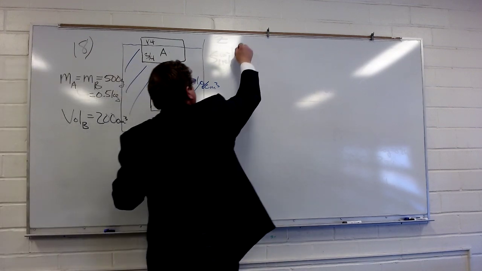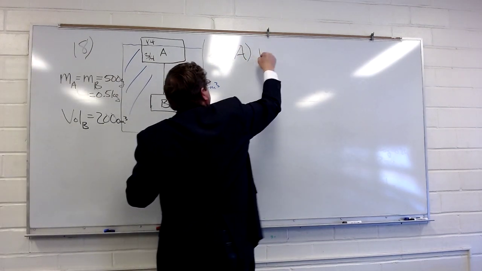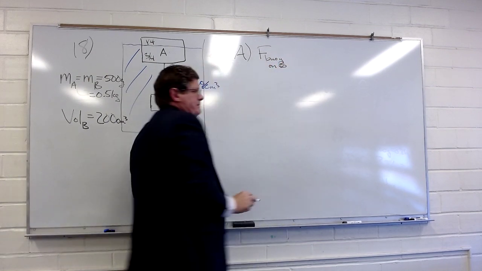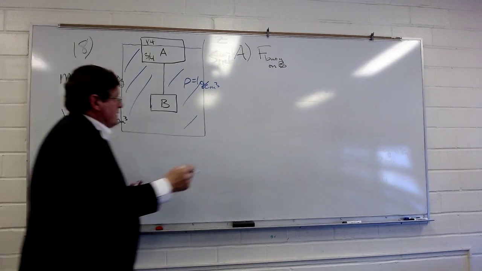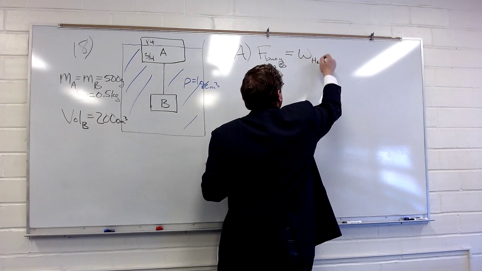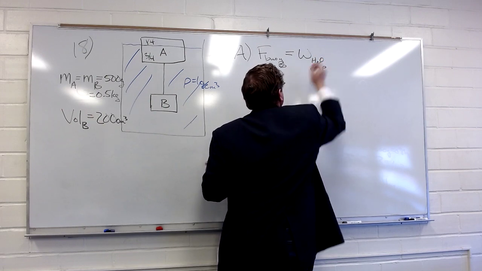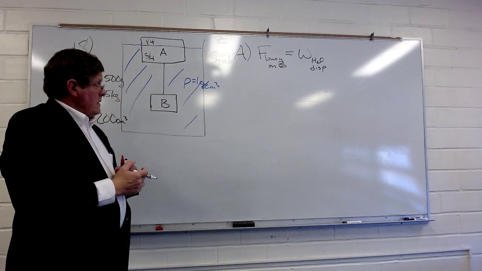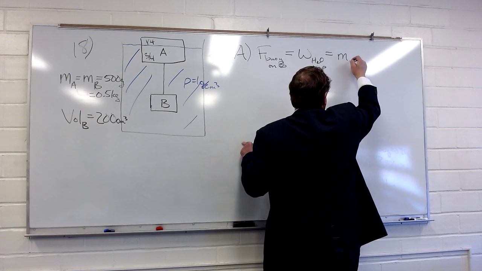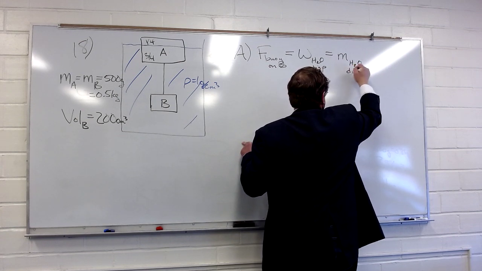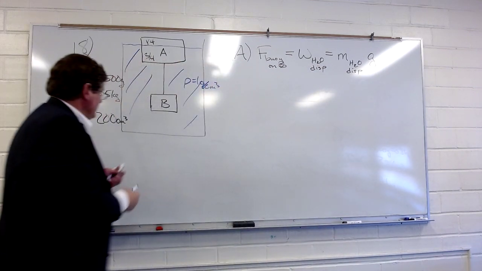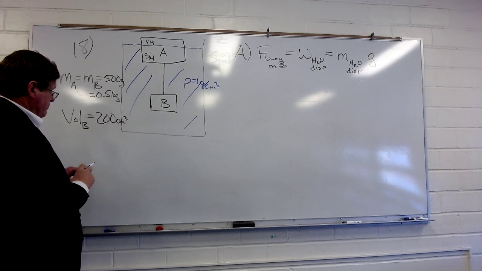So part A asked, what's the buoyant force on block B? Well, that's going to be equal to the weight of the water displaced. Okay? Well, that's going to equal the mass of the water displaced times G. Well, how much water is being displaced by B?